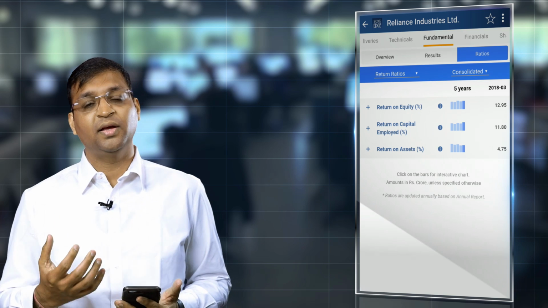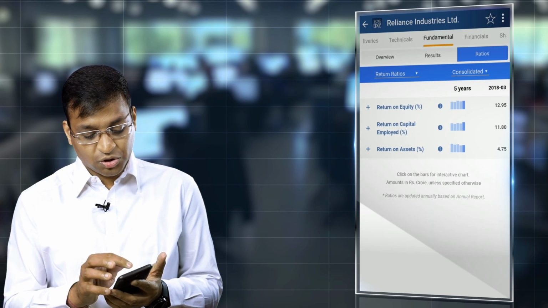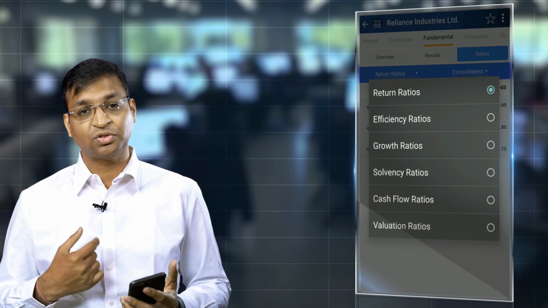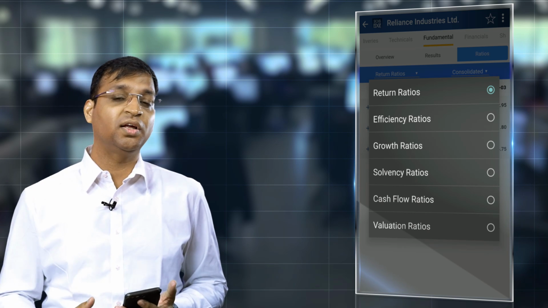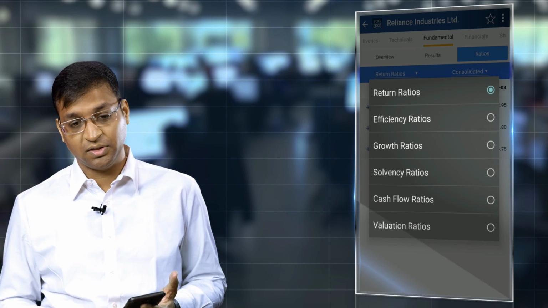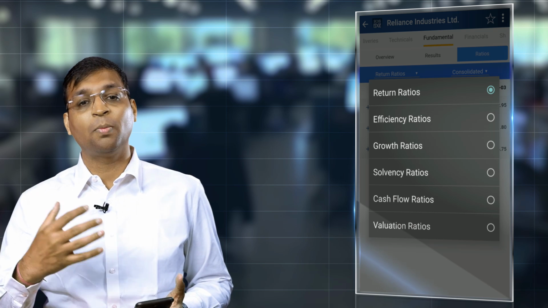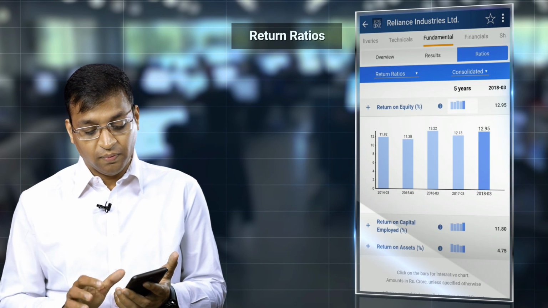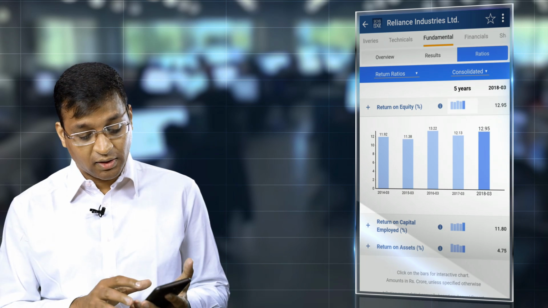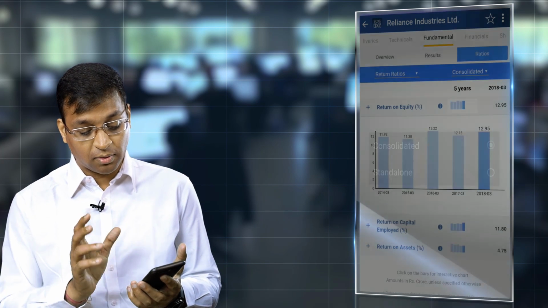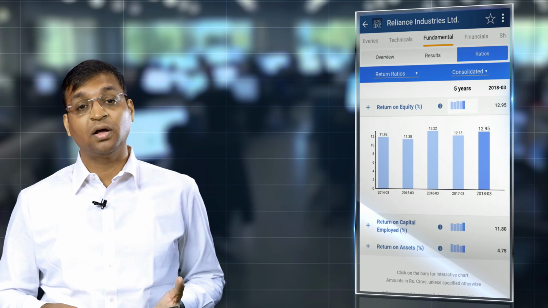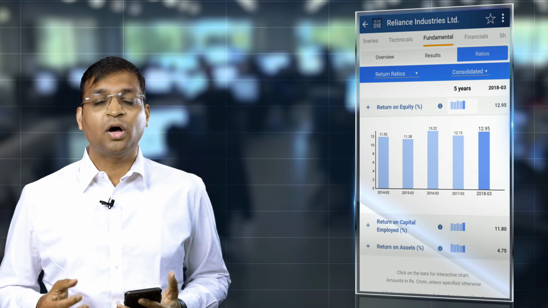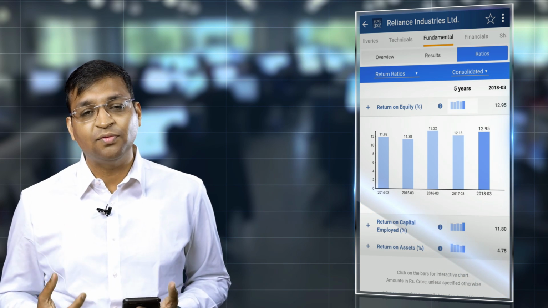When we were studying in our academics, we did ratios based on various criteria like return ratio, efficiency ratio, growth ratio, solvency ratio, and each category talked about certain ratios about the company. For example, return ratio, return on equity. This company, on a consolidated basis, generates a return on equity of 12.95%. Now, there is a lot of subjectivity involved in this.